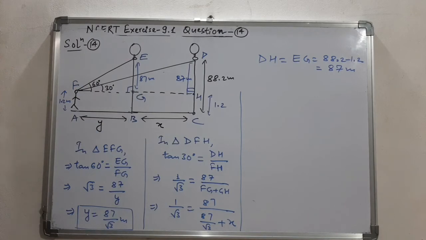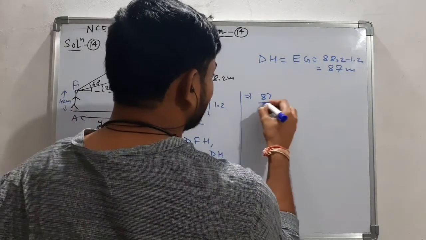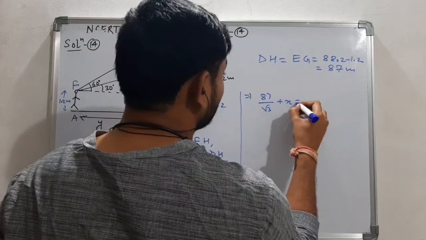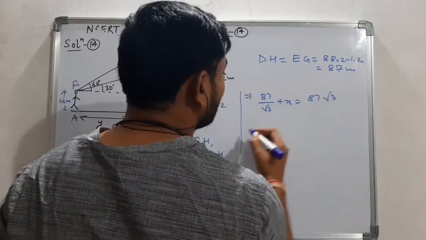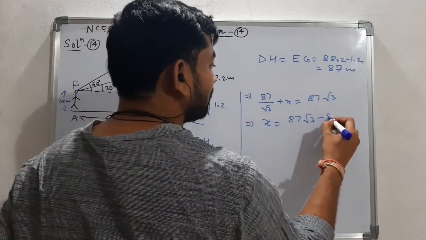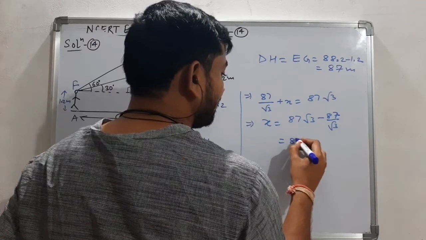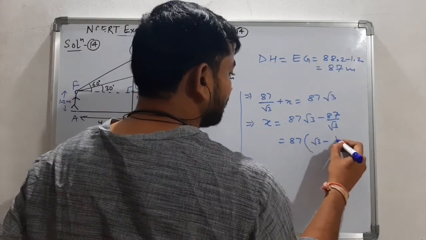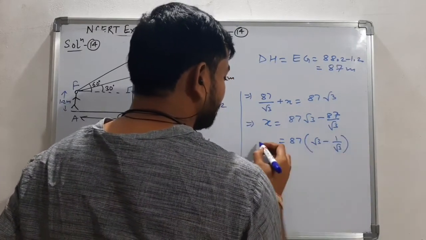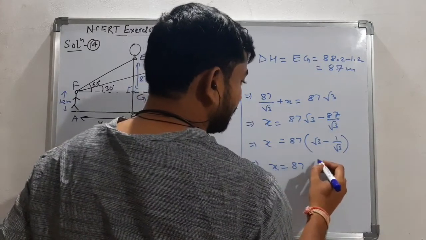We will cross multiply this, so we will be getting 87 upon root 3 plus X is equal to 87 root 3. Now to solve for X, we have to transpose this value to the RHS. So we are getting this situation. Take 87 common here, so we get root 3 minus 1 upon root 3. Now X is equal to 87.